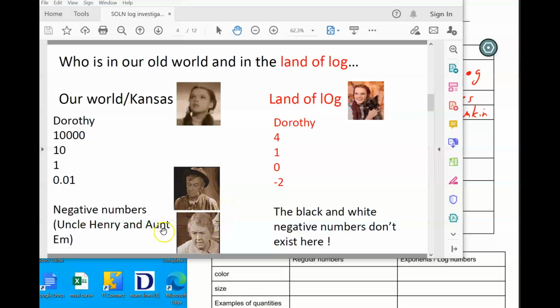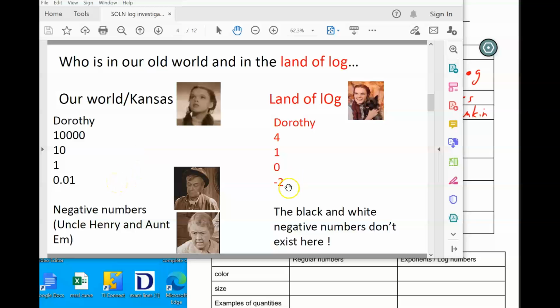For example, Uncle Henry and Auntie Em. Those are the relatives that take care of Dorothy in Kansas. They are like negative numbers, because negative numbers that we know and love in Kansas in the old world do not exist in the land of Log.